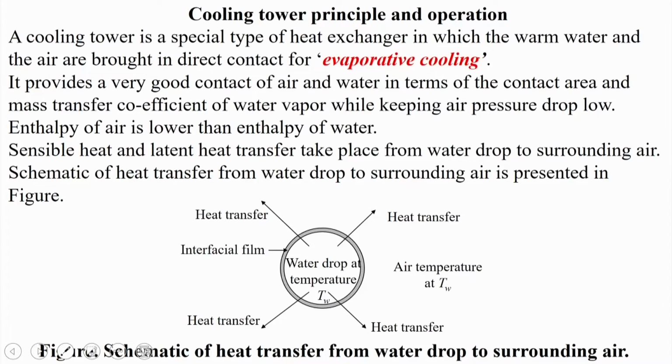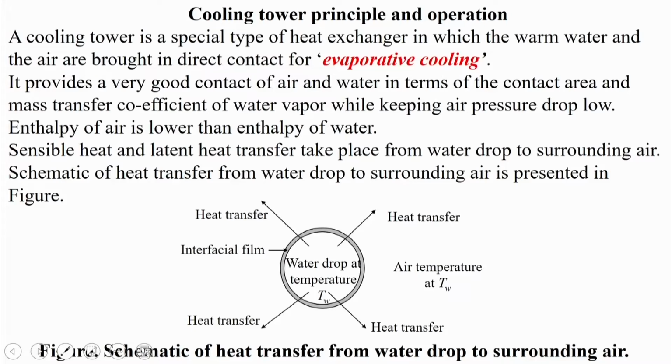A cooling tower is a special type of heat exchanger in which warm water and air are brought into direct contact for evaporative cooling. We need to understand the meaning of evaporative cooling: during evaporation, some amount of heat is taken from the water, due to the transfer of latent heat from the water for the evaporation, and the temperature of the water droplet goes down.